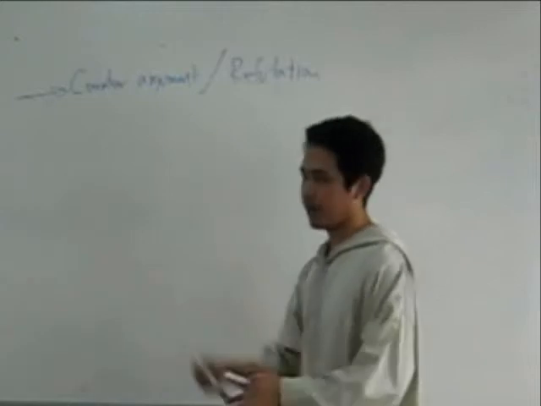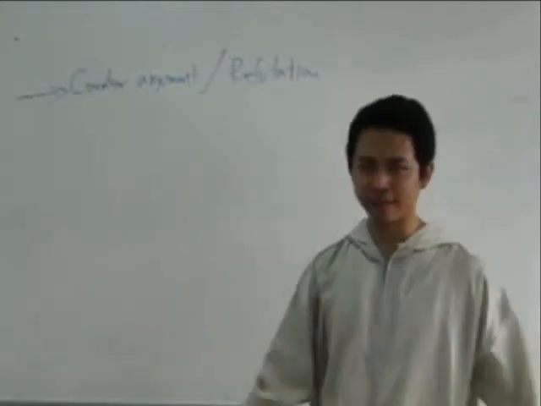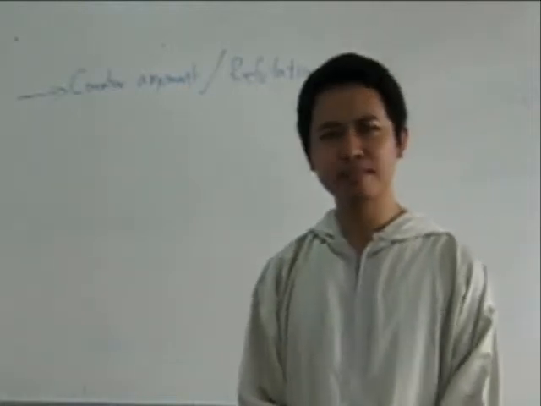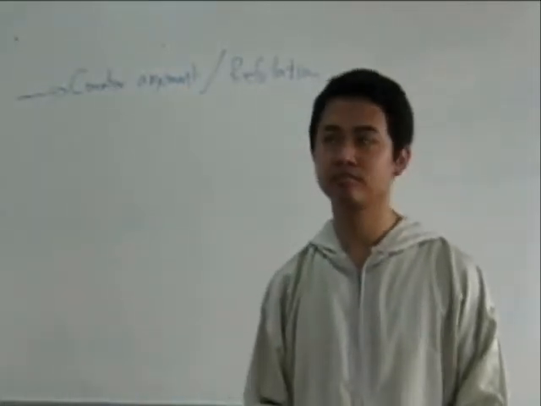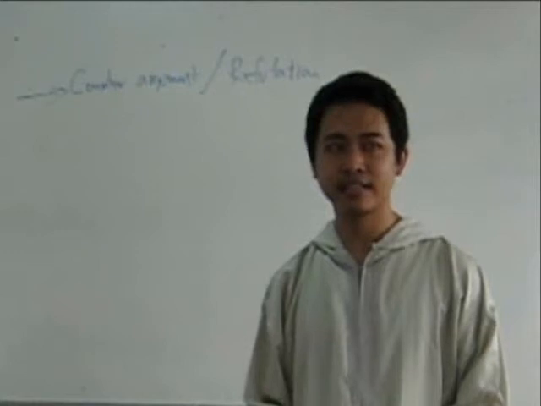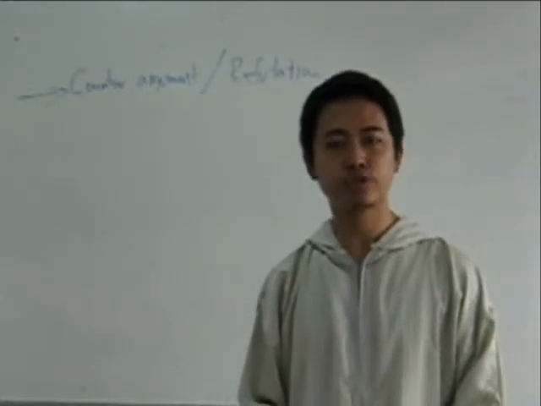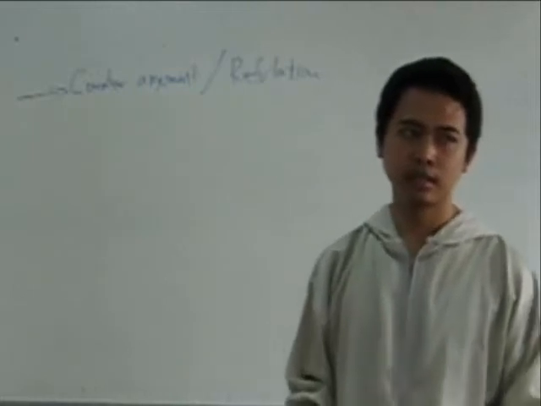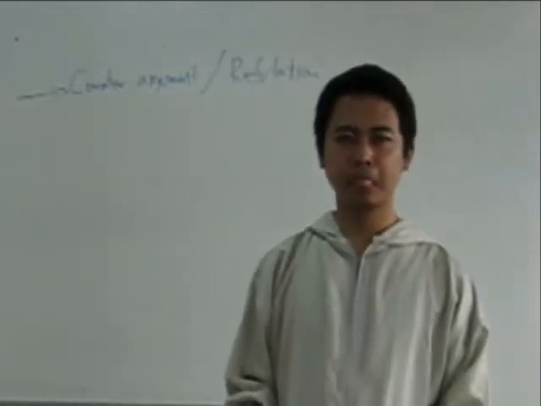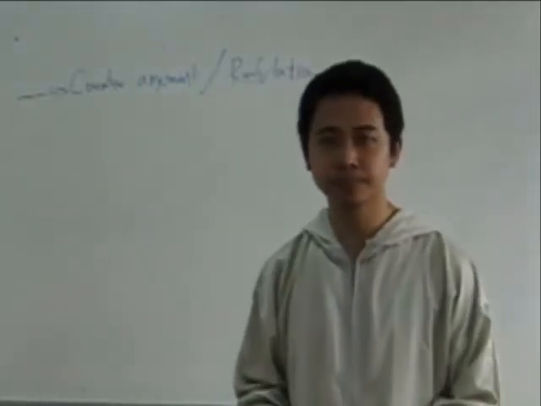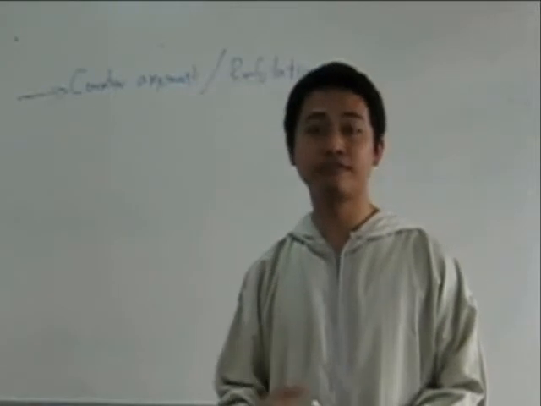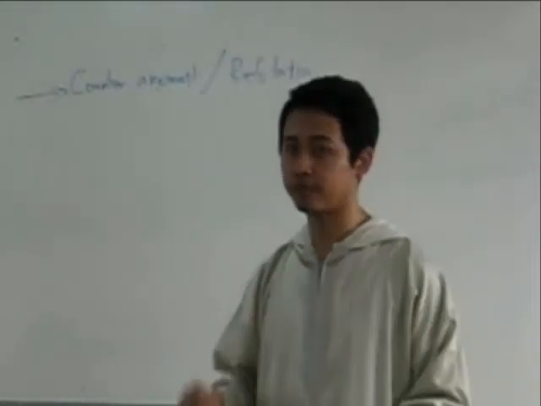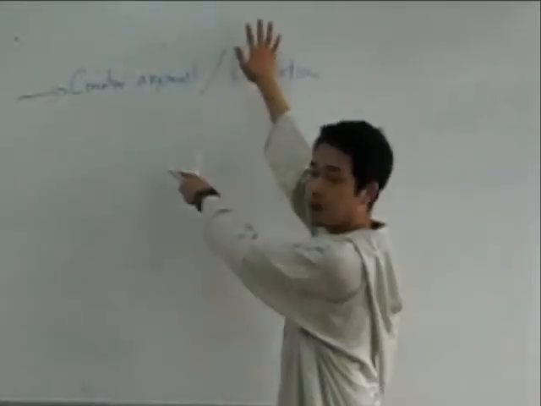For the counter-argument paragraph, you can start with a typical sentence. "Some people say that examination should not be banned because it is a system to differentiate between good and bad students." Full stop. That's the counter-argument.